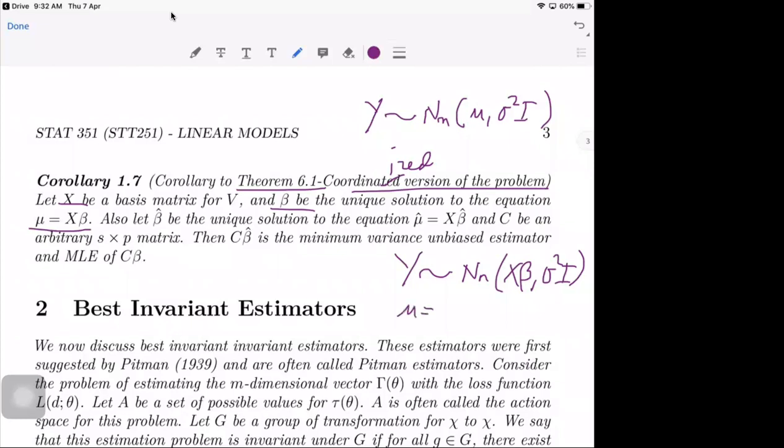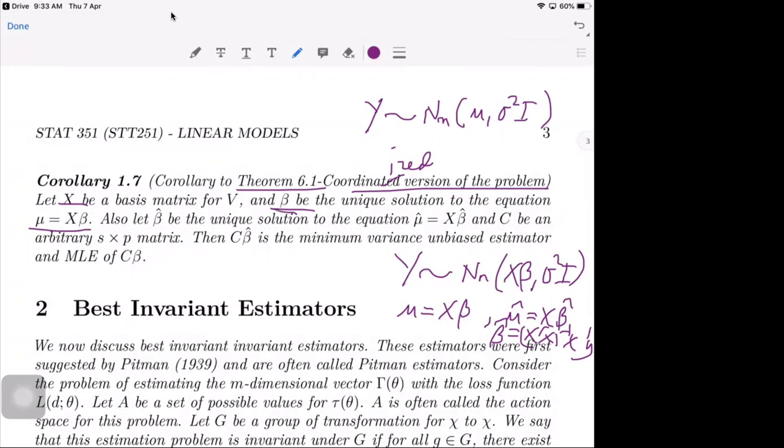So your mu is X beta, and your mu hat will be an estimate X beta hat. And then your beta hat is equal to X prime X inverse X prime Y, no? Or X prime mu.